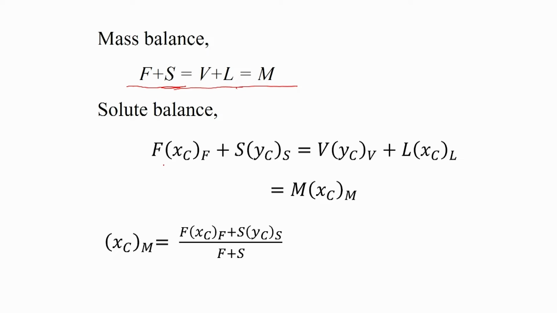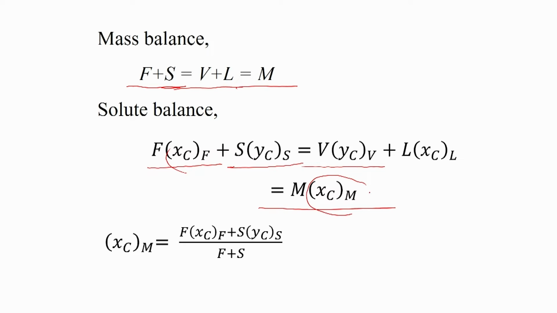Okay. So, if we do the solute balance, then we get F into XCF, the amount of the target component, plus S into YCS. Sometimes YCS becomes 0 if it is pure solvent. If it is not pure solvent, then YCS will have some value. Then this equals V into YCV plus L into XCL, which is nothing but M into XCM.